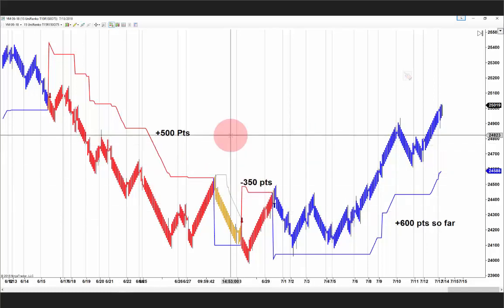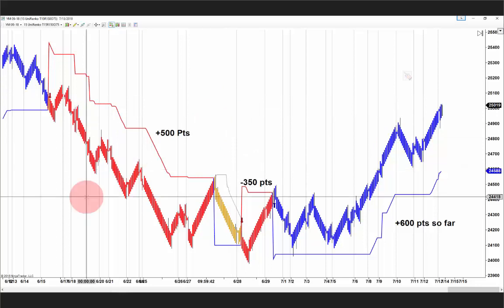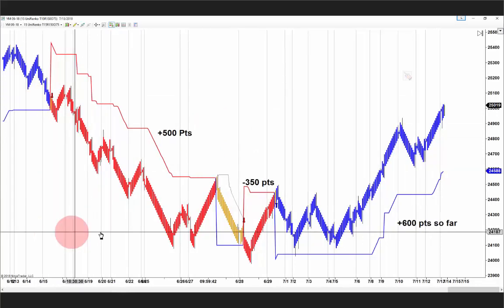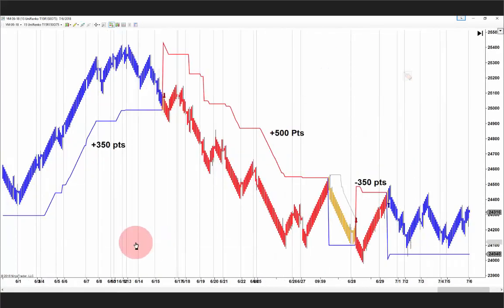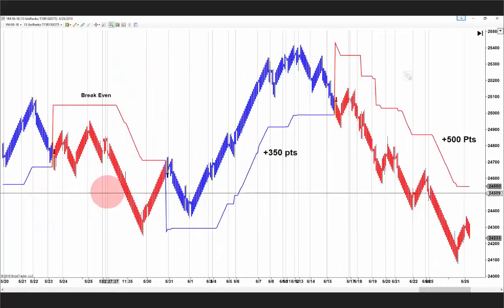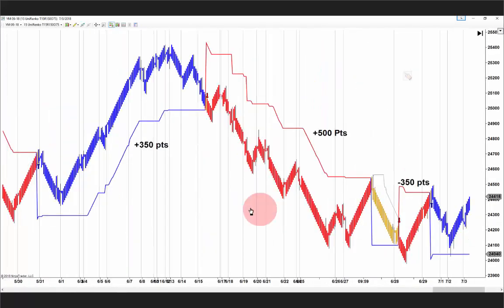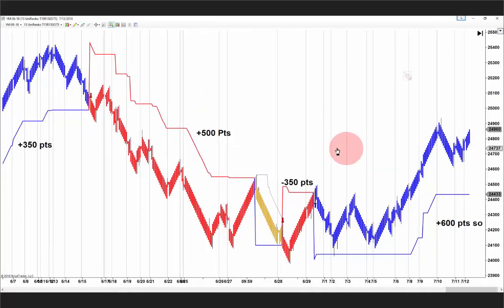So I configured this maybe a month ago. Let me be clear, this was not traded live that whole time. But what you see is exactly what the robot would do. And the cool thing about longer term swing trading type stuff is the market does what it does, guys.